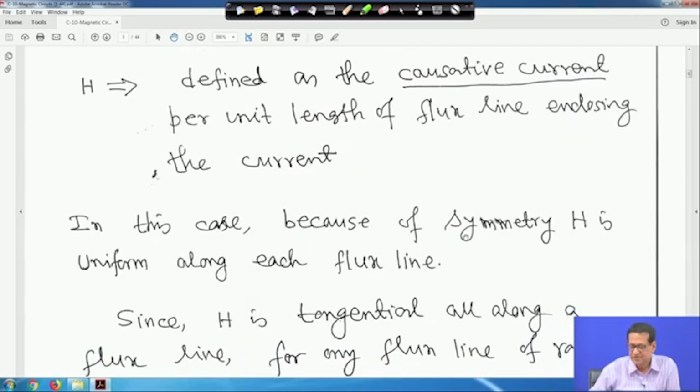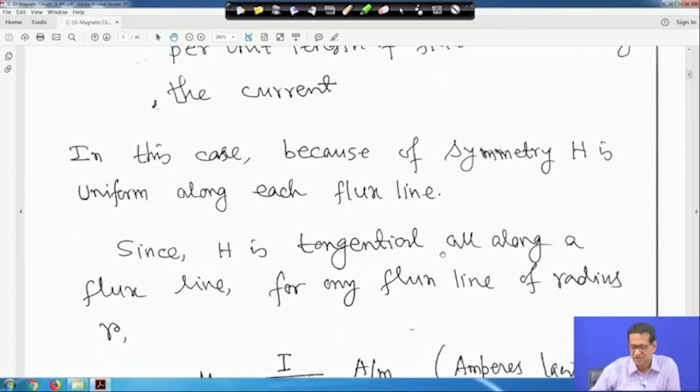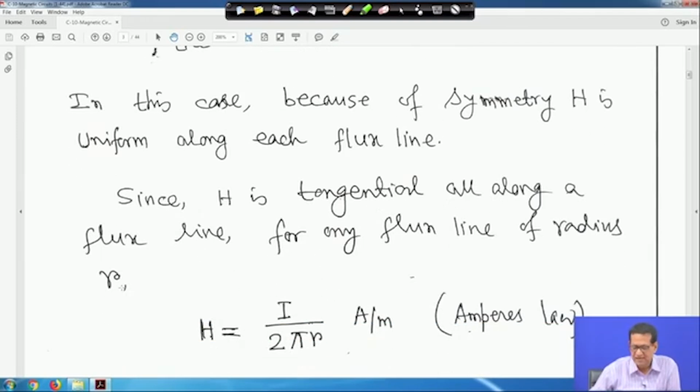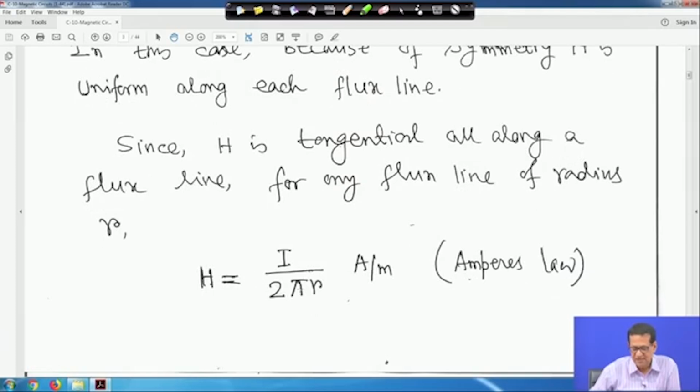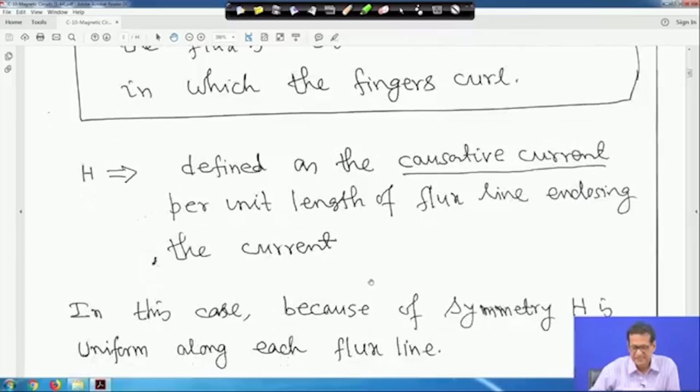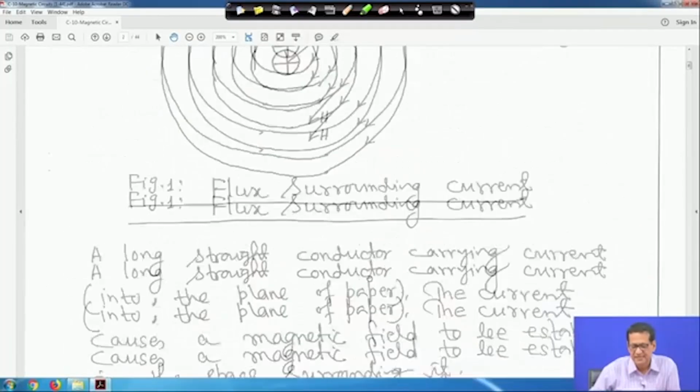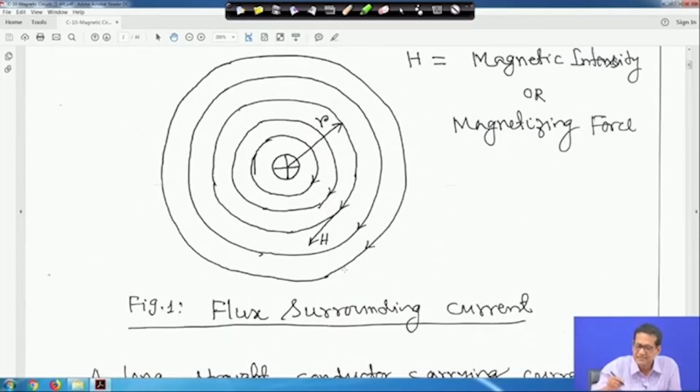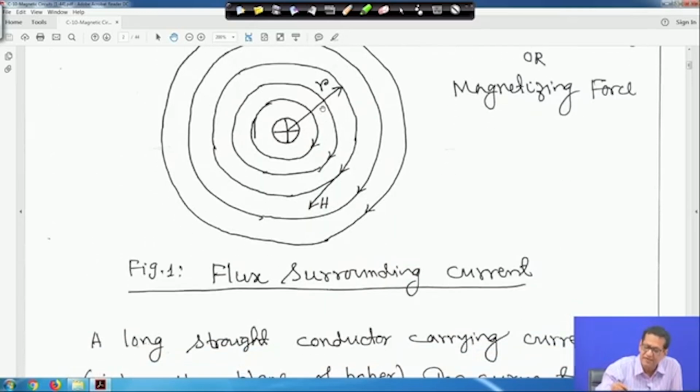Since H is tangential all along a flux line, for any flux line of radius r, H is equal to I upon 2 pi r ampere per meter. This is the radius of the flux line, r, as in the diagram.